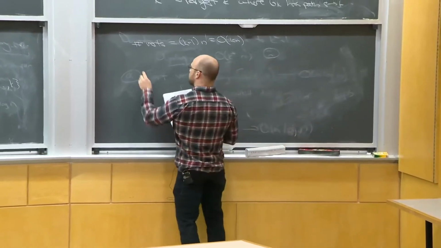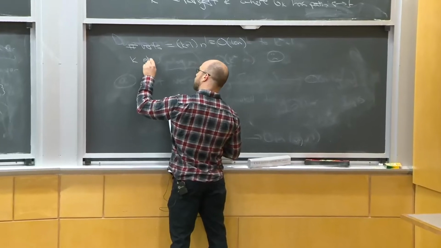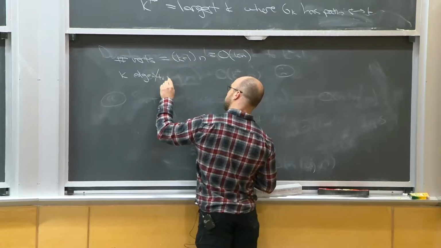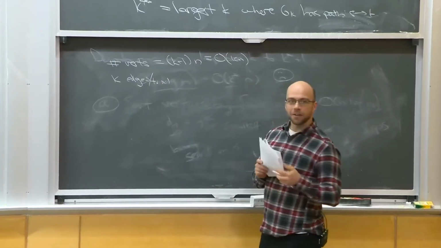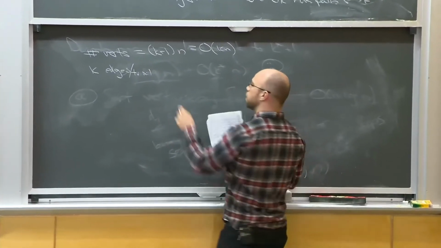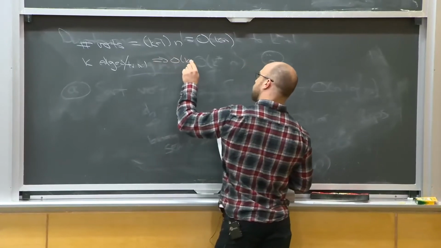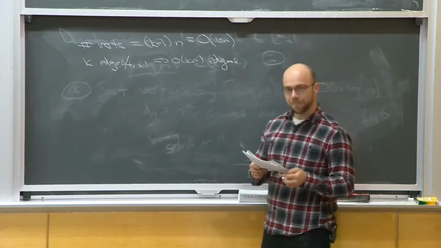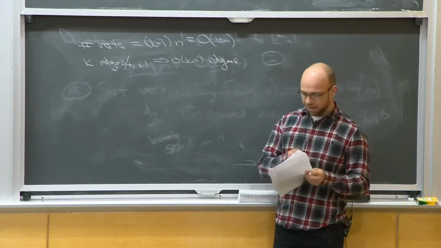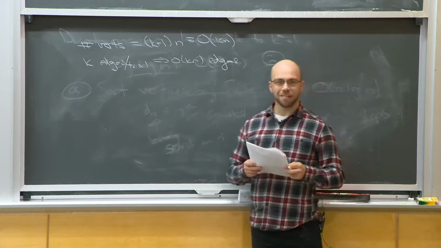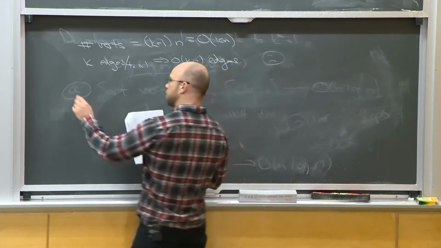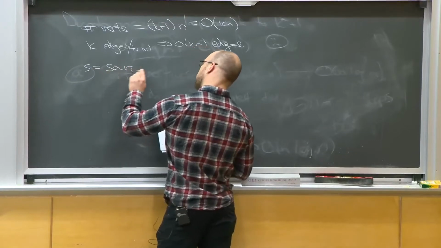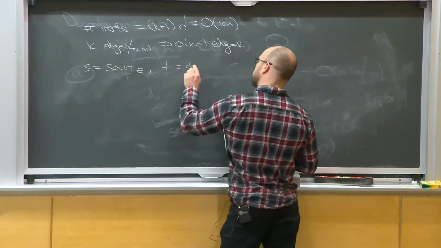And similarly, there's k edges associated with every trail. And there's order n trails because I have a degree bound. So overall, there's order k n edges in my graph. Okay? Great. So now my problem is not so bad. I have a source, which is the place where our walker starts, and T, which is the destination where she wants to go.